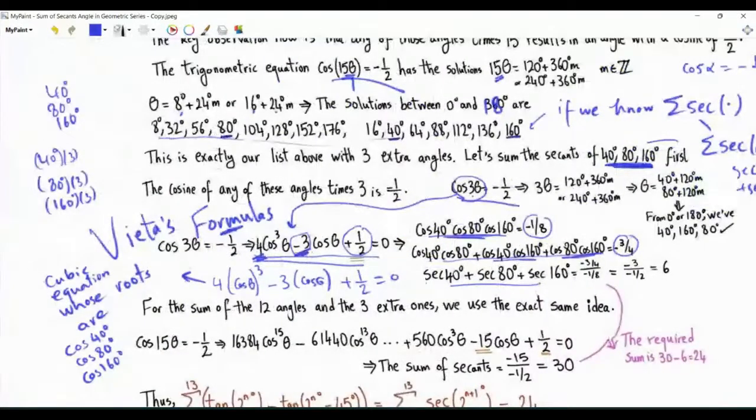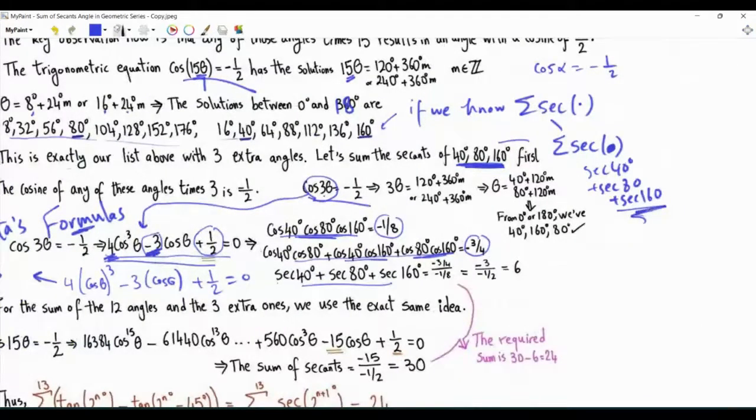So just looking at the cubic equation, we know that the product of the roots is minus half divided by 4. And we know that if we take the pairwise product and sum, cosine 40 cosine 80 plus cosine 40 cosine 160 plus cosine 80 cosine 160, this will be this coefficient here, which is minus 3, divided also by 4.